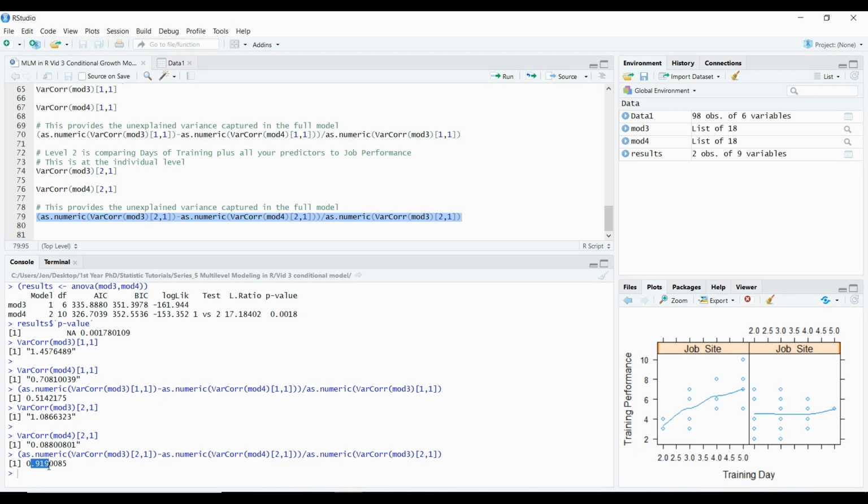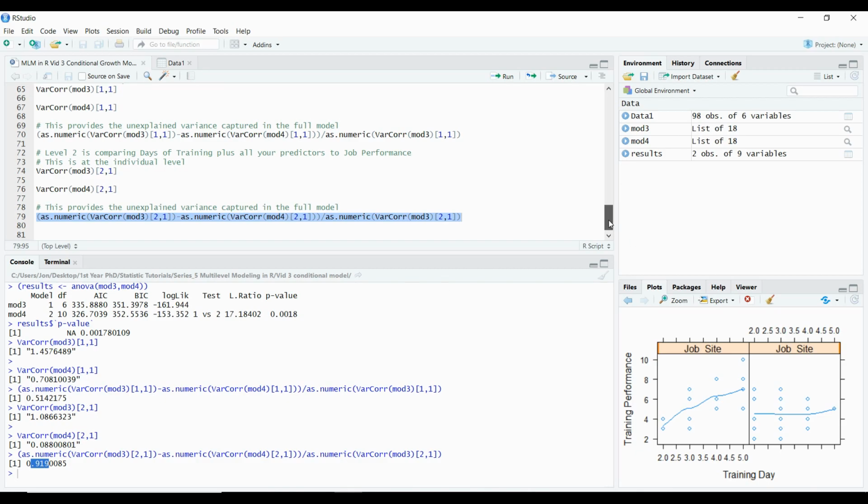So just by adding these predictors within the model, right away, we're accounting for 91% of that unexplained variance. That is what is being captured with these predictors. Quite substantial, very important. And this is good to know, to see how much your full model with all of its predictors is capturing that unexplained variance.